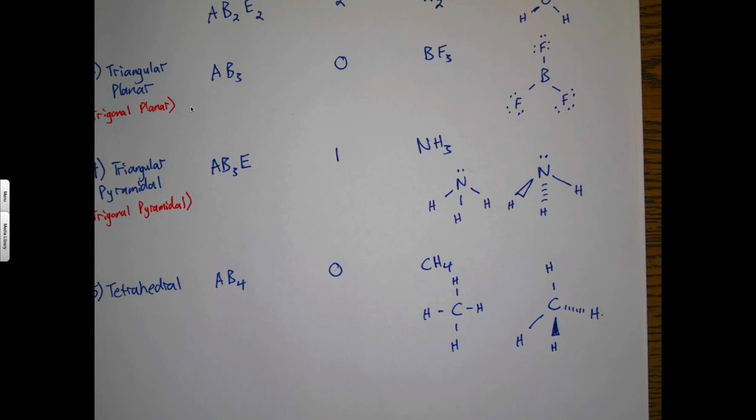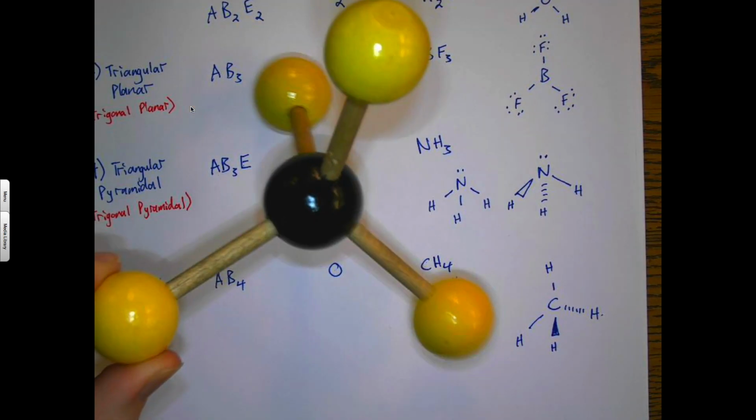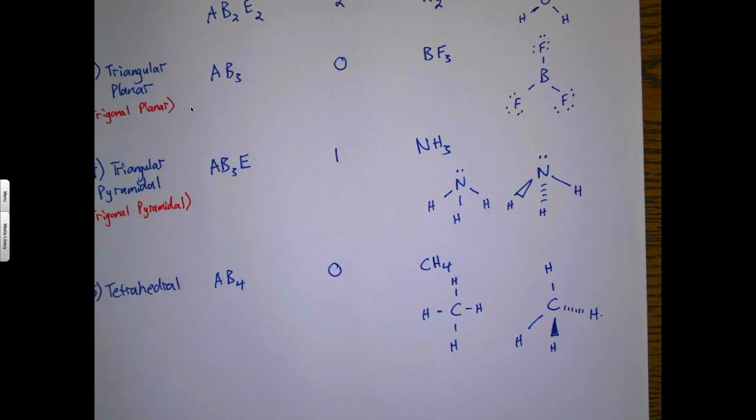So the shape it would look like would be like that. All right. So that is the VSEPR theory, and we'll do that to be able to do our shapes lab.